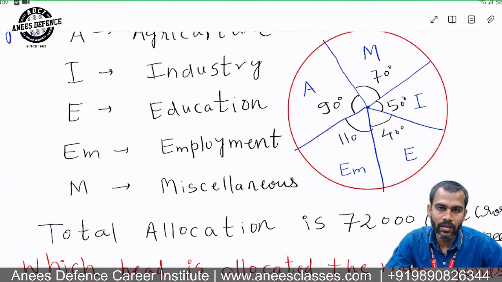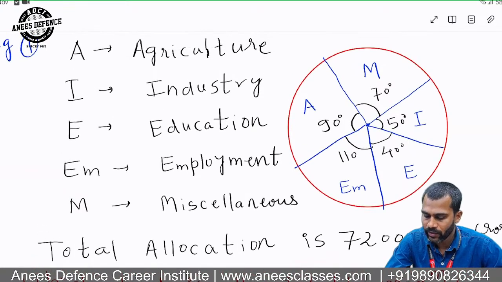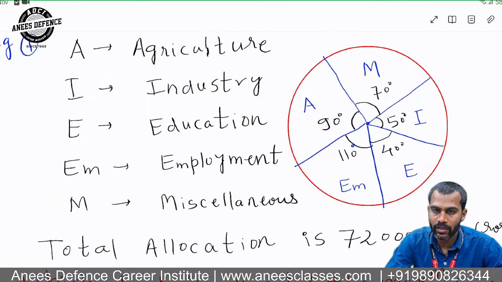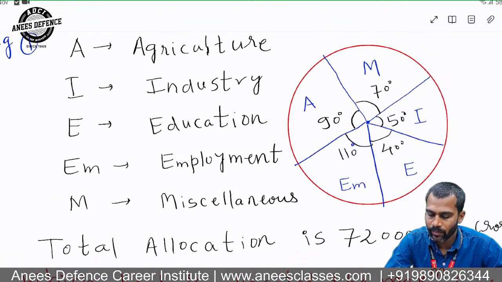Larger the angle, larger the size. Yes or no? Can we say that? Or larger the allocation in this question. So, which section is having the maximum angle? Which section subtends maximum angle at the center of the pie chart? I mean, the circle. Tell me.